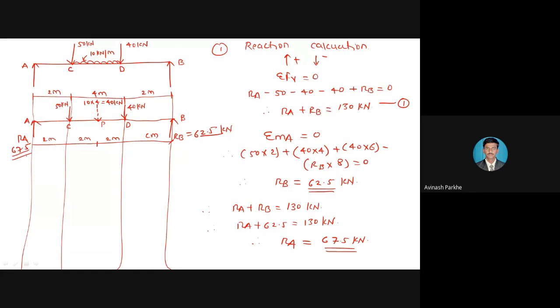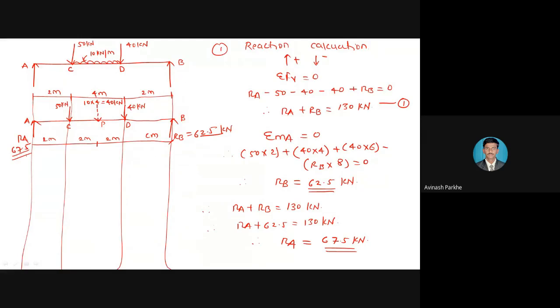So go for the SF calculation. Those who have not done it, please do the calculations. Very simple: summation of vertical forces is equal to 0 and summation of MA is equal to 0. But while calculating the summation of MA, try to multiply the distance properly. If you make a mistake while multiplying the distances to that particular load, your reactions will be wrong.